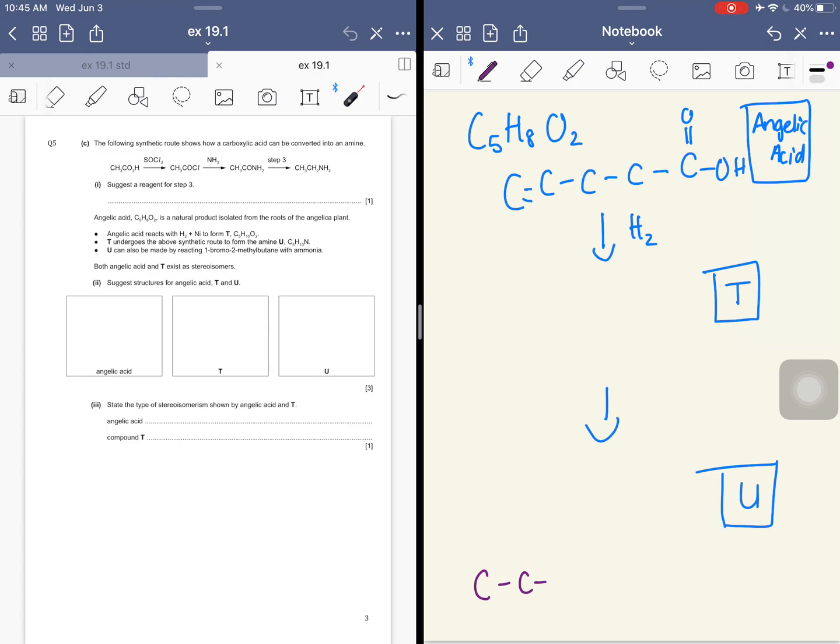So butane is 4 carbons, 1-bromo, I'll put my bromine here, number one, 2-methyl CH3. Maybe I'll draw it like this, easy to see. Then the rest of the molecule is just hydrogen.